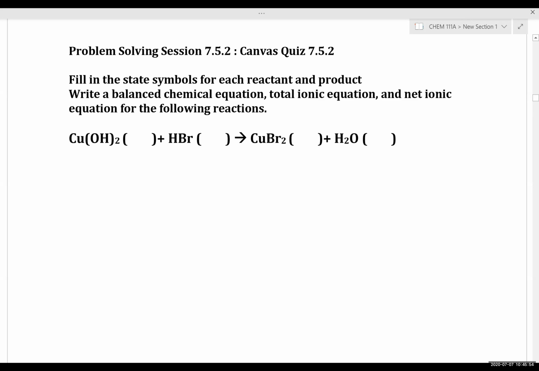And the balanced coefficients I see in the chat look quite good so far.